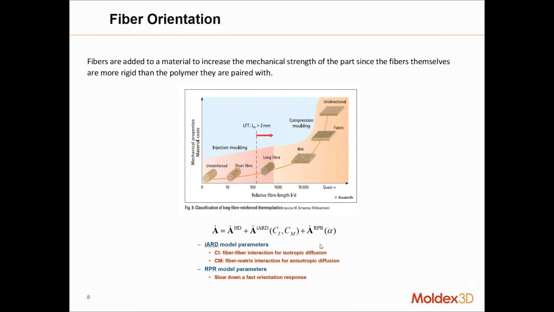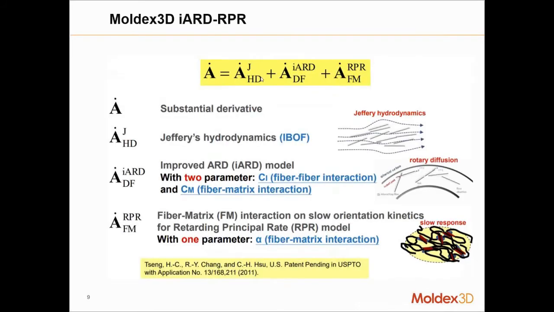The mathematics behind the IARD RPR formulation is not necessarily too important, but we really want to understand how each of these terms is impacting the final fiber orientation. So we have three terms. First of all, we have the Jeffery hydrodynamics, which describes how the fibers are going to be moving along in the actual medium, being the polymer.